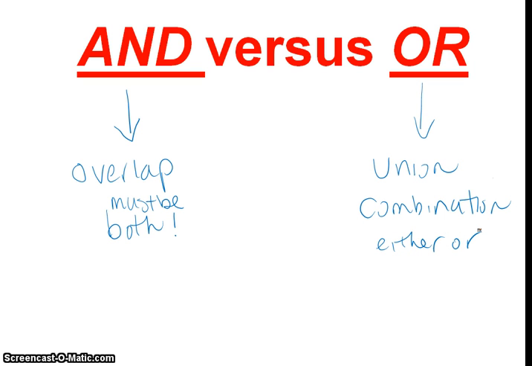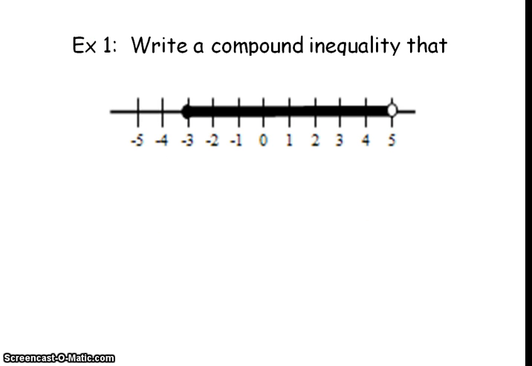So let's see how this comes into play with some special kinds of compound inequalities. This is going to be a little bit of a review here. If we are given the graph of a compound inequality here, how do we write the compound inequality? And in this case, let's start with interval notation.